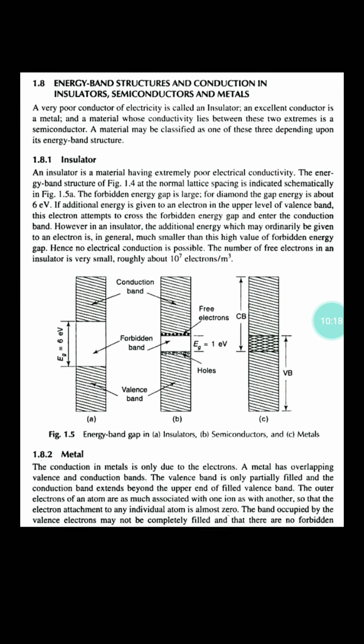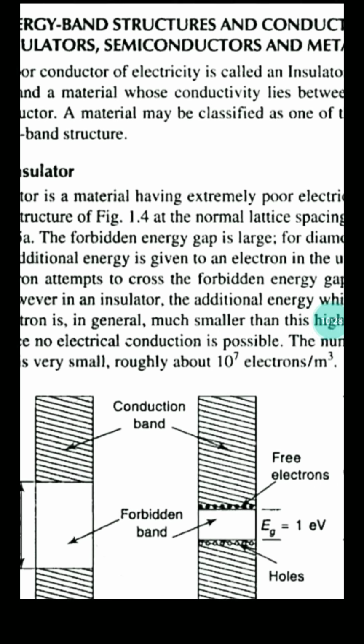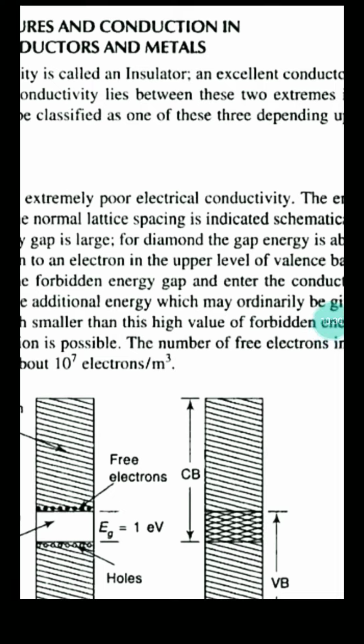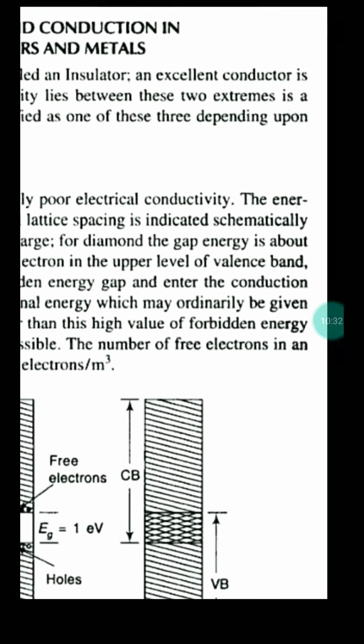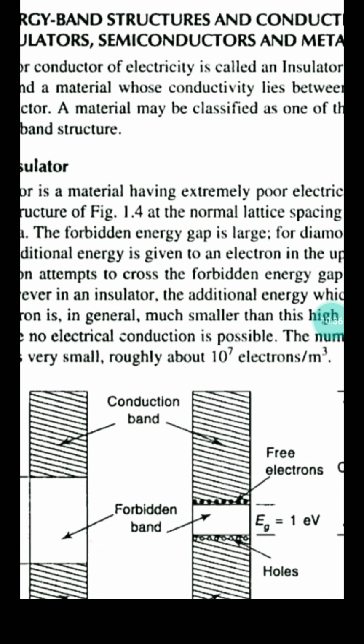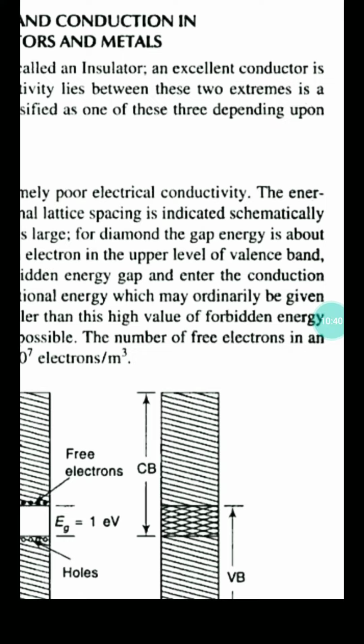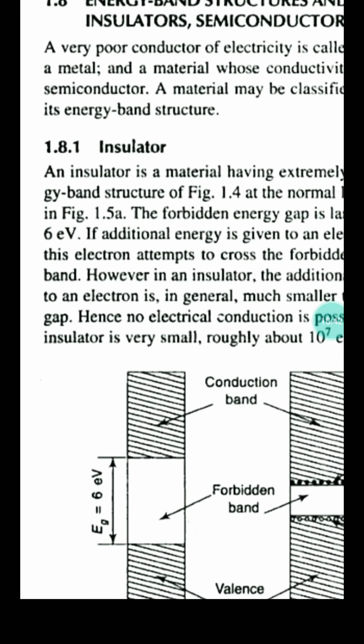Now, coming to the three unique differences of these 3 materials. See here, a very poor conductor of electricity is called an insulator, right? An excellent conductor is called a metal. A material whose conductivity lies between these two extremes is called a semiconductor.